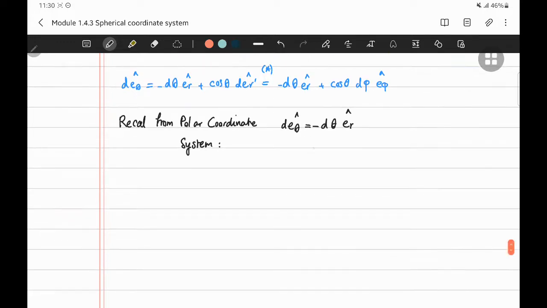So if we map this again, to r prime and phi, we get something like d e phi is equal to minus d phi er prime.